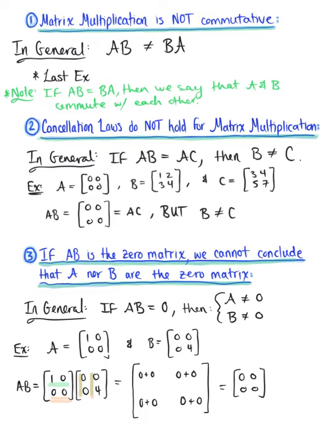So we can see that even though matrix A times matrix B is equal to that zero matrix, neither matrix A nor matrix B is the zero matrix. So we can't make any assumptions. There are differences between regular algebra and matrix algebra, so we want to be mindful of these three generalizations as we proceed through computation.